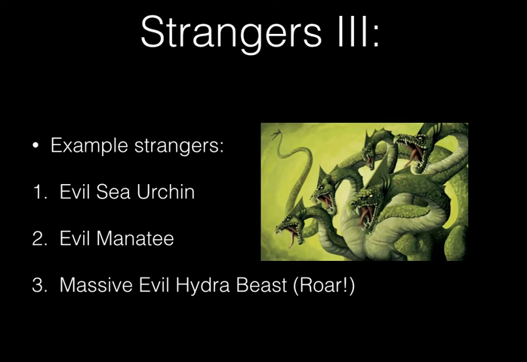So again, our strangers here go in order from small to large in this case, with the sea urchin, the manatee, and then the hydra beast, all increasing in the size of the creature that they meet. So again, the size of your strangers and the dangerousness of your dangers will work together here.